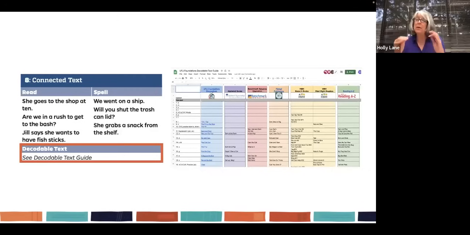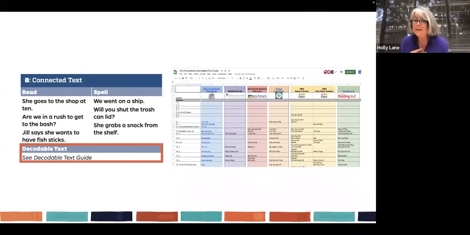So we figured out where kids have enough skills already developed in order to read a particular passage. So these are not as perfectly aligned with the scope and sequence as our own passages are, because ours were designed specifically for these lessons, but it's great if you've got these to use them for additional practice.